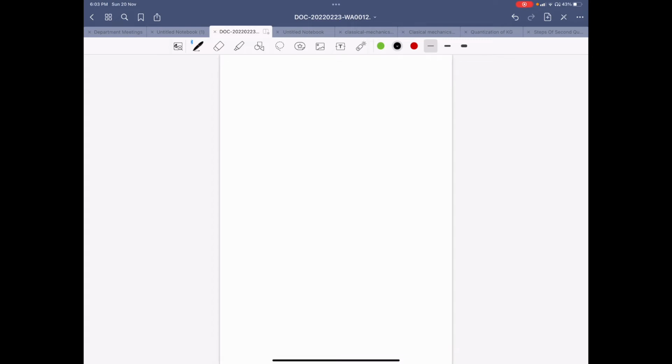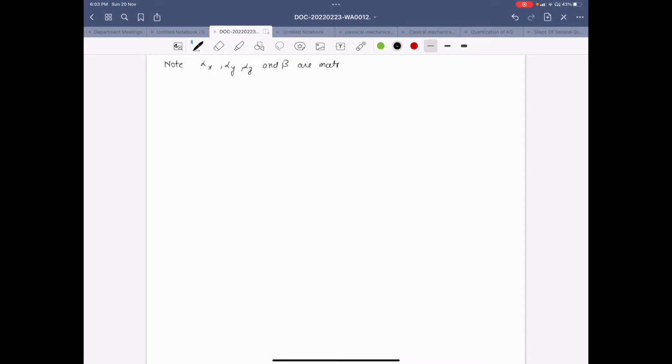So the important note is alpha x, alpha y, alpha z and beta are matrices, so their order should be maintained in the various product terms.